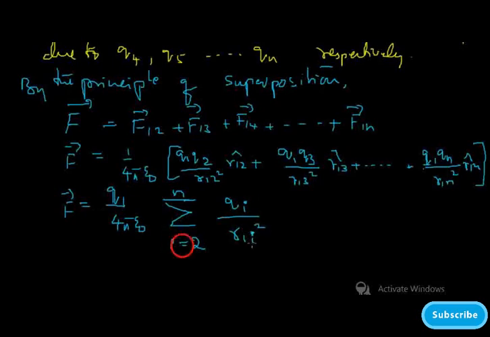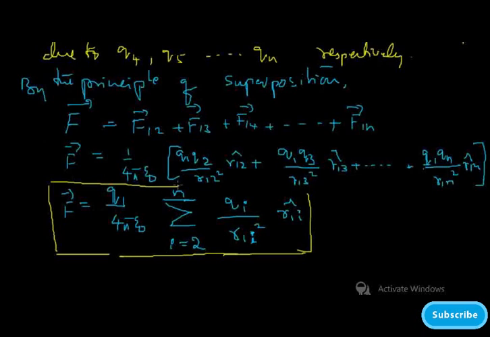What is i? i is the ith charge, and R1i is the distance between Q1 and the ith charge Qi. This is the expression for the resultant force by using the principle of superposition.